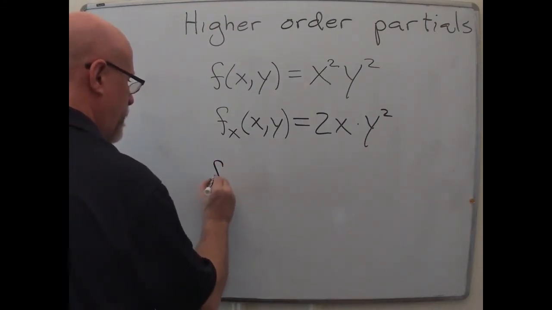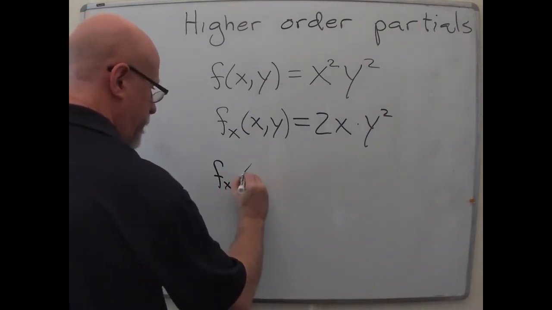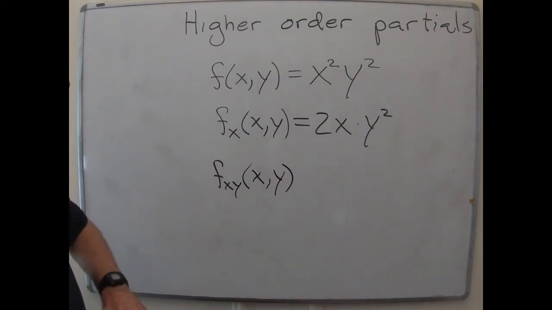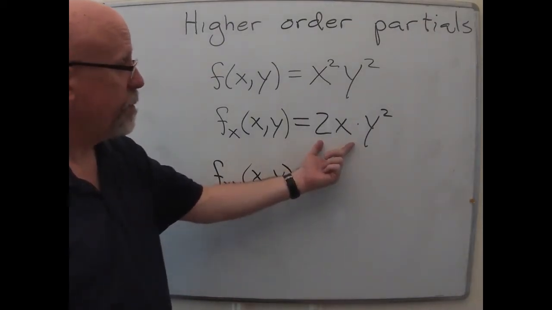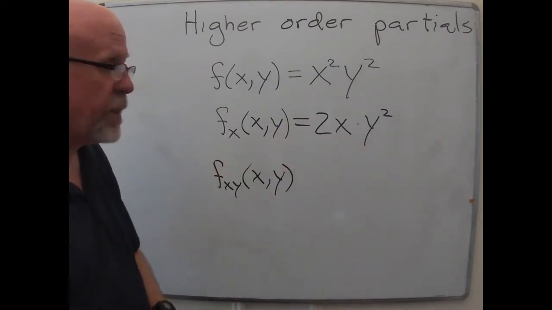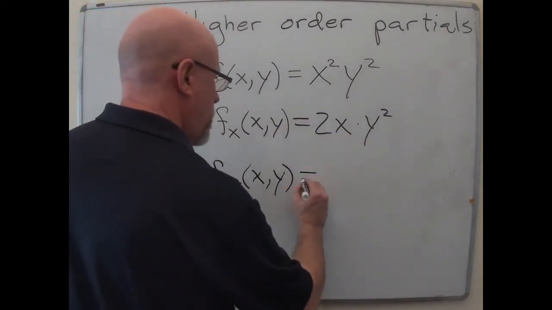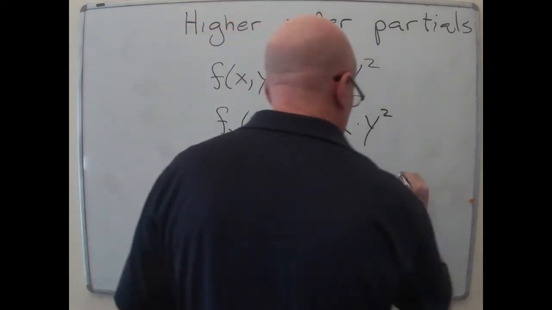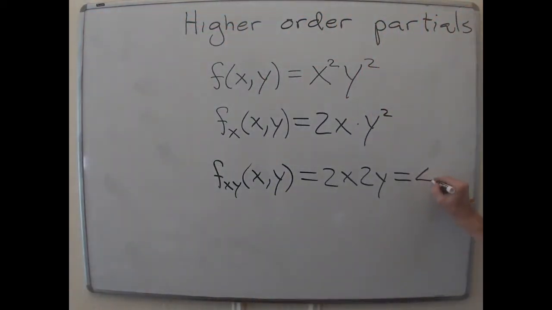That's how I would get f sub xy, which again will be a function of both variables. I'm just going to look at this expression and play the same game, but y is the variable and x is treated as a constant. All right, so I get 2x, 2y. Or, I guess we should simplify it, 4xy. Perfectly easy to do.